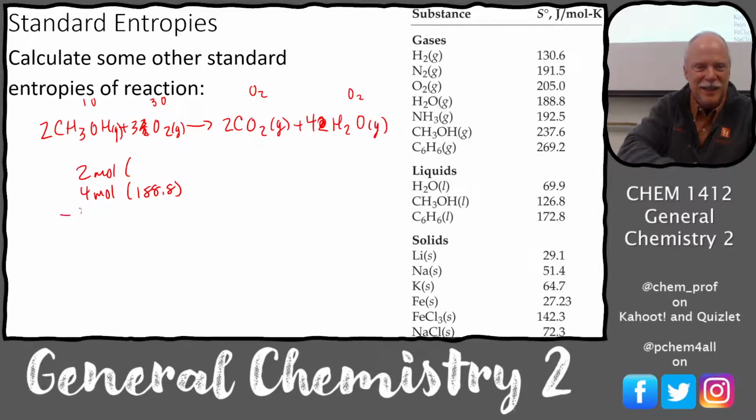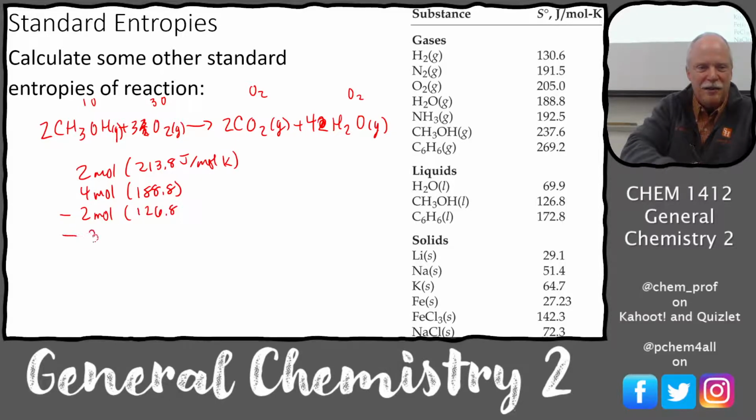All right. And then we're going to subtract our reactants. So I have minus 2 moles of 213.8 joules per mole Kelvin. And then the methanol is 126.8.